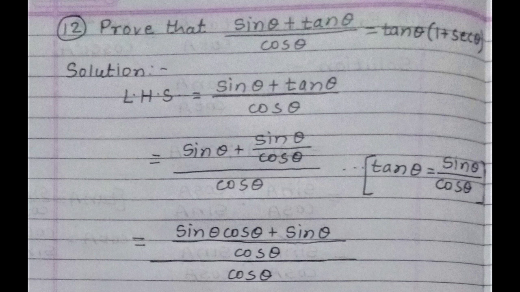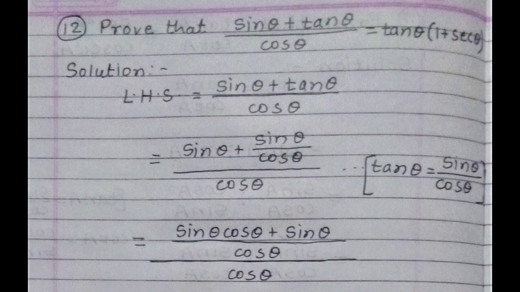So, I write sin theta plus sin theta upon cos theta, whole divided by cos theta. Now, cross multiply: sin theta into cos theta plus sin theta upon cos theta, whole denominator cos theta.